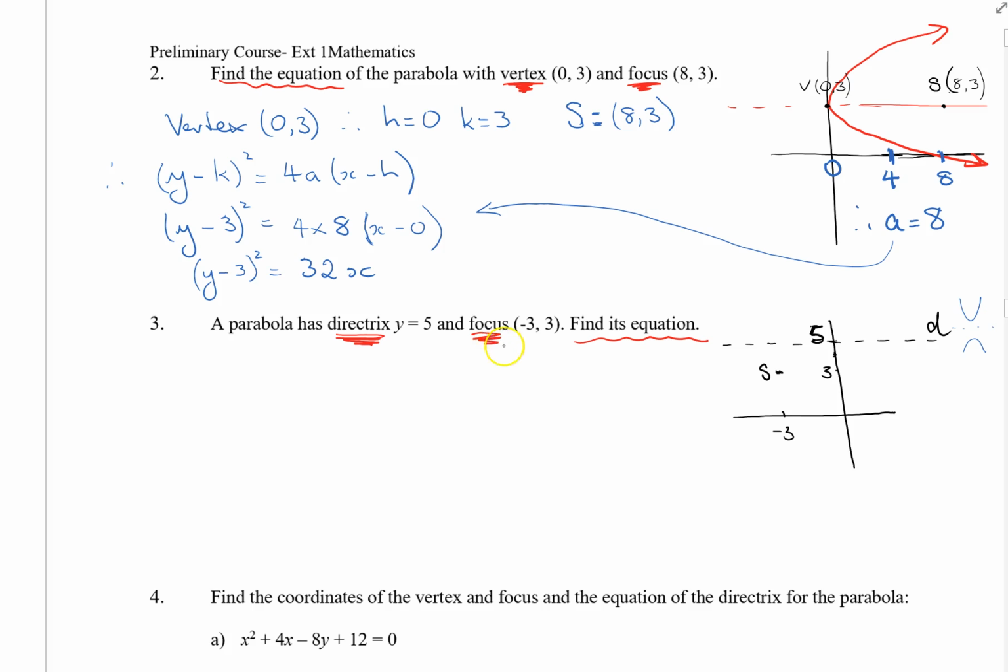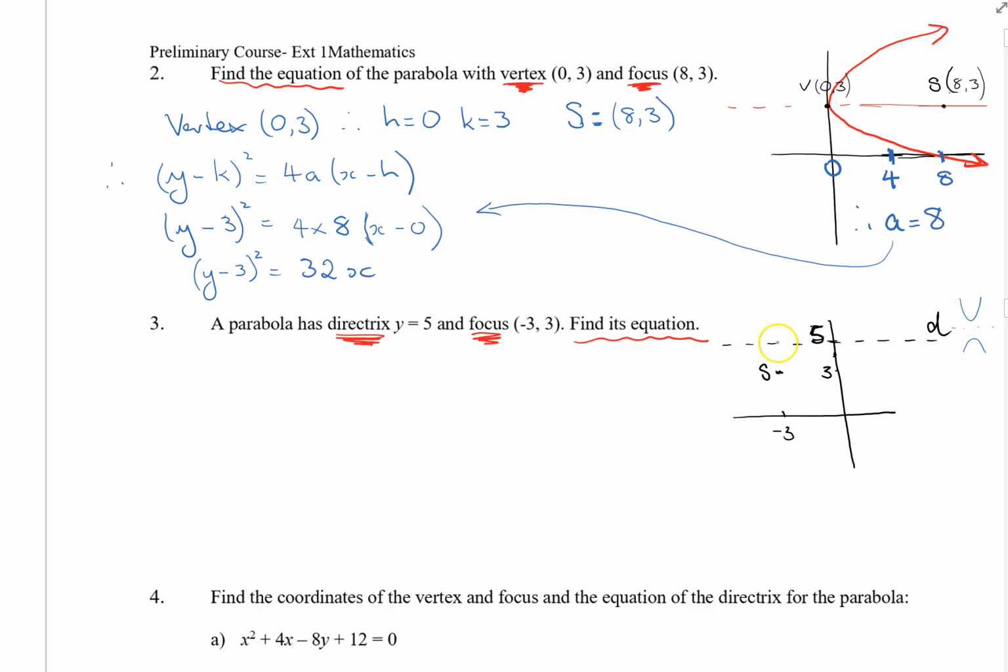So obviously we need more information. The focus is at -3, 3. So I can graph it correctly, -3, 3. Now, where is the parabola? I don't know its vertex for the moment.